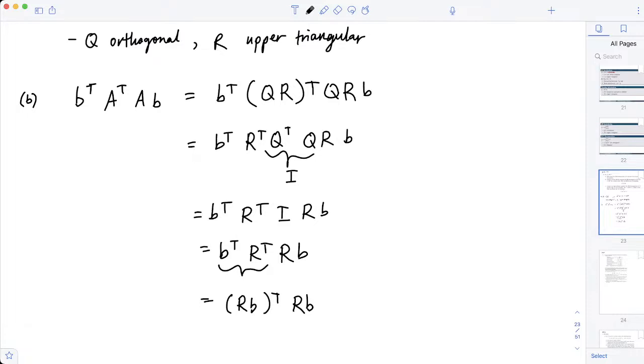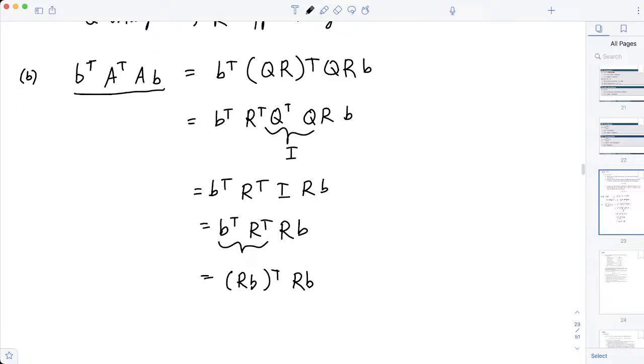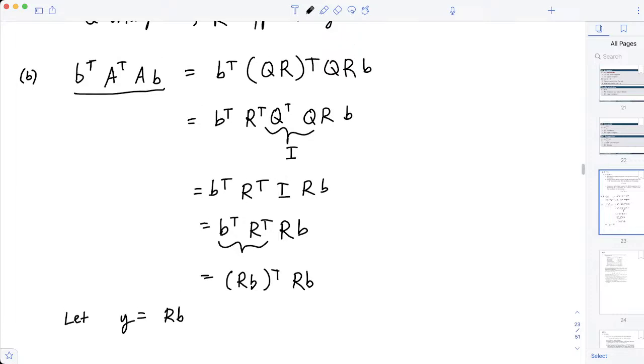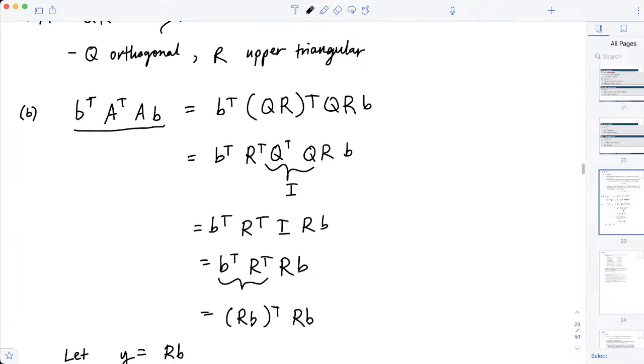So if we want to compute this expression, instead of calculating and chucking this whole thing into MATLAB, we just compute, let y equal RB. That's really nice because R is our upper triangular matrix.